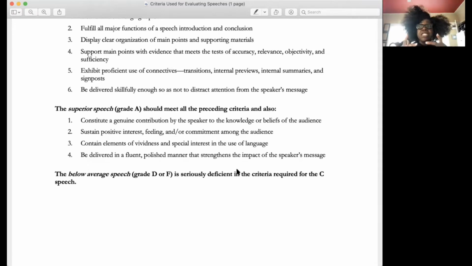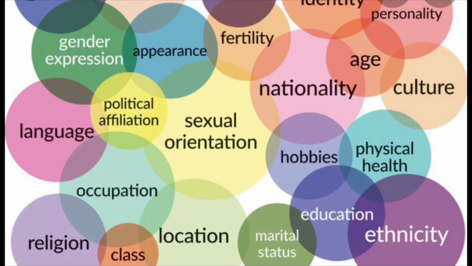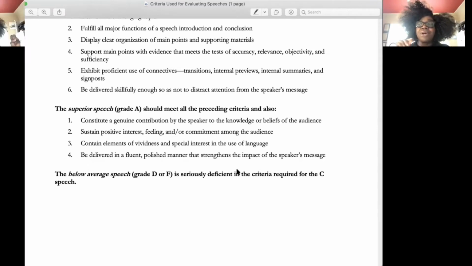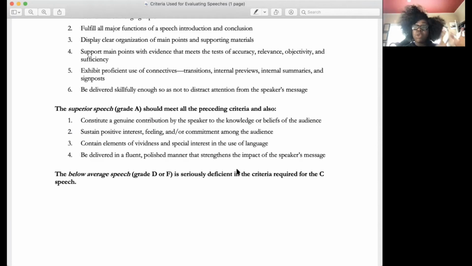You have to think in terms of intersectionality, where you have to bring together different subjects from different areas in order for it to be an A speech. Now, it also needs to sustain positive interest among the audience, which means that your introduction will be brilliant, but your body will be brilliant, and your conclusion also will be brilliant.